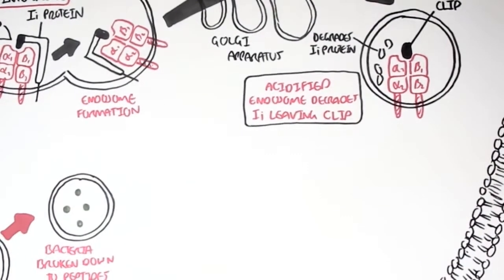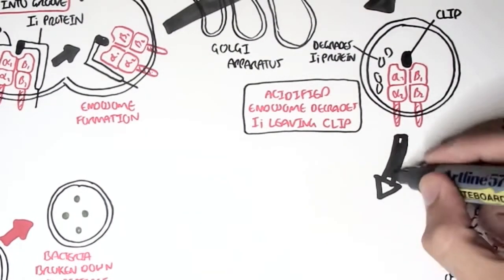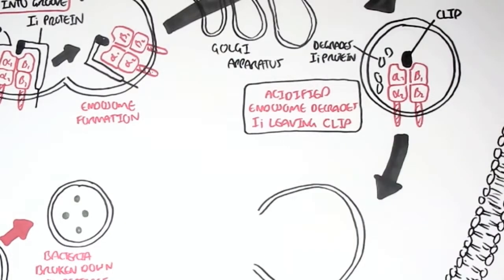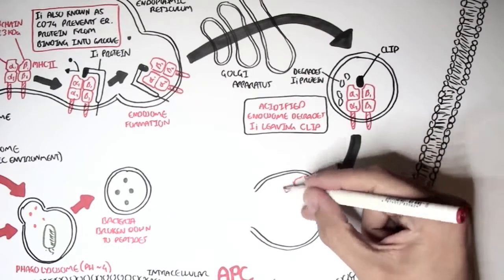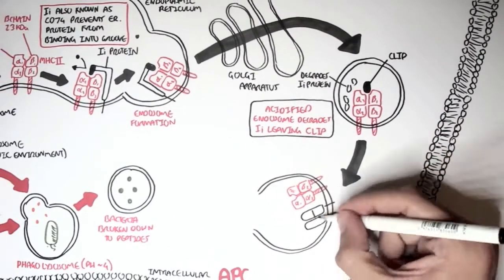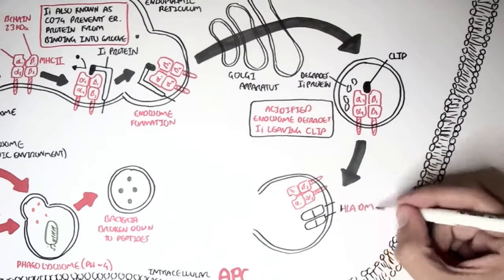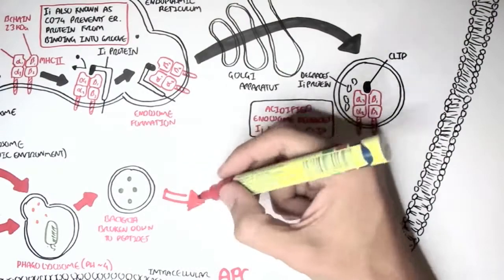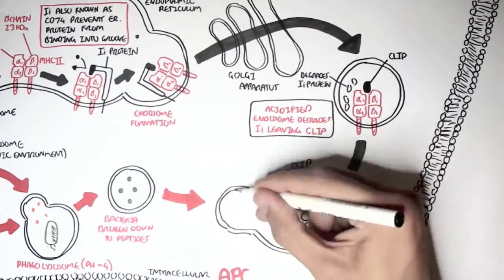Following this, another protein called HLA-DM will interact with MHC class 2, releasing CLIP from the binding groove. The phagolysosomes containing bacterial peptides will then fuse with the MHC class 2 endosome.